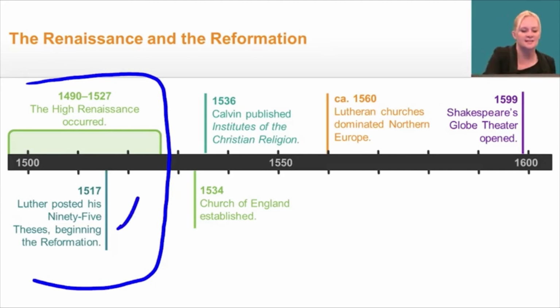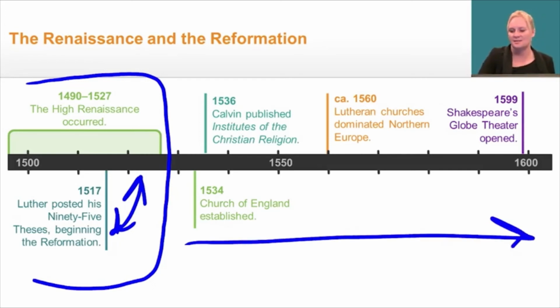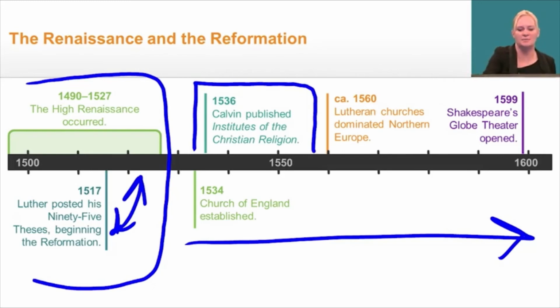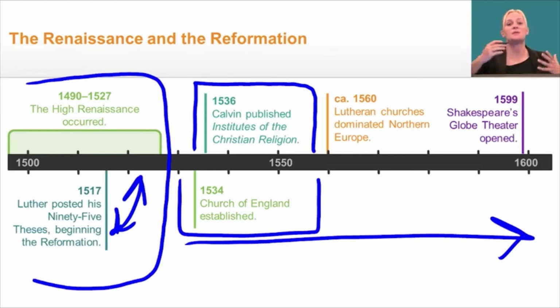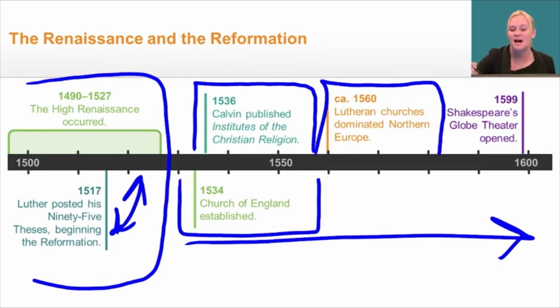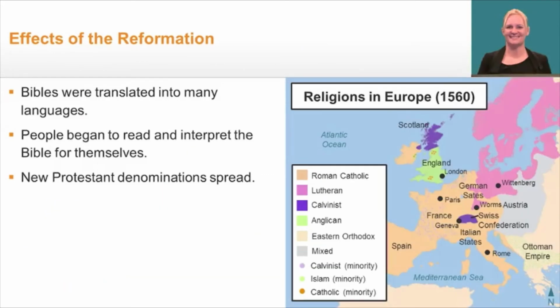And these two things together inspired all these other things that we see. We see Calvin publishing his Institutes of Religion, and we see that the Church of England is being established. And then we see the real popularity grow, and we see that Lutheran churches were dominating Northern Europe at this time.